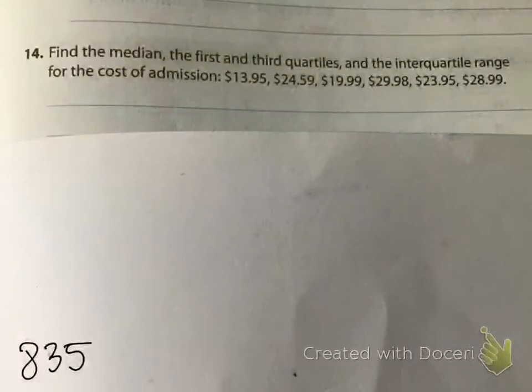Let's look at this. Find the median, the first and third quartiles, and the interquartile range. Quartiles. Oh Lord, do those sound tricky. But they're not as tricky as you would assume. So now, the first thing that we need to do is organize them from least to greatest in order to find the median. Just to make my life easier, I'm not going to write the decimals afterwards, because I noticed that none of them have the same thing, but that's just because I'm lazy right now.